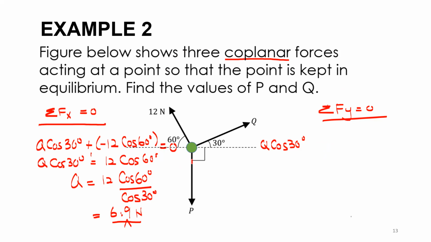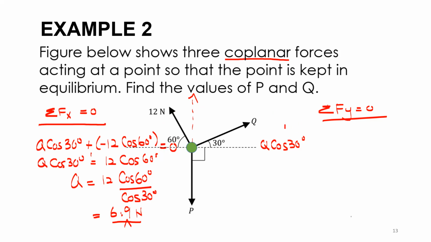So resolve for the vertical. When I resolve for the vertical, the only force that is acting downward is P. The other two forces, when I resolve, are going to act upward. So just say I'll take 12. Okay, so 12, when I resolve to the vertical, it is going to be 12 sine 60.